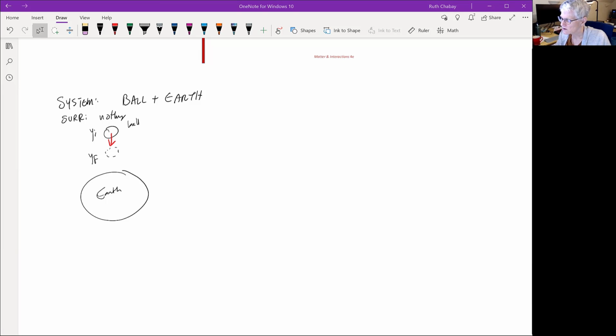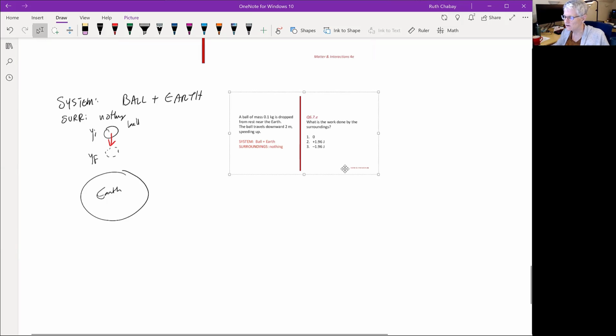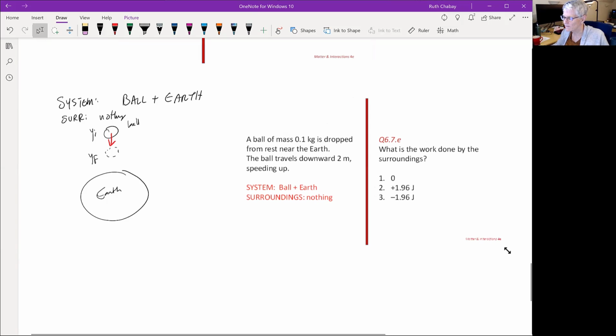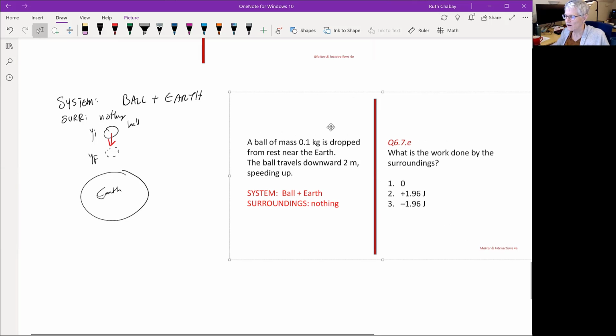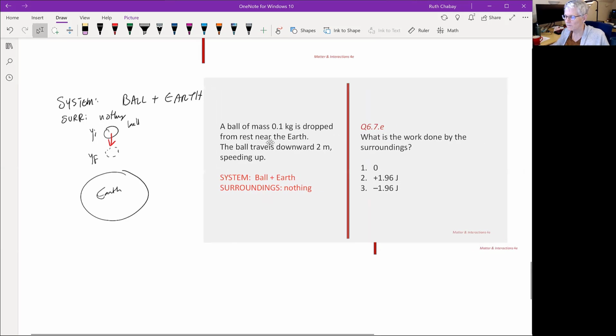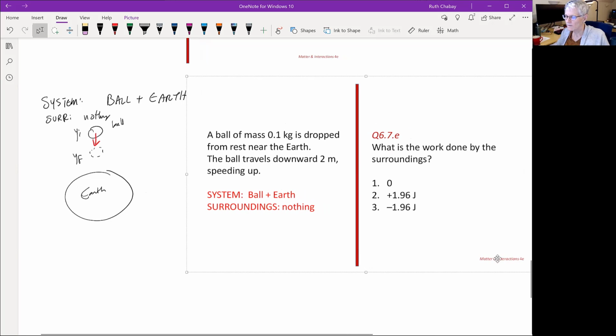Okay, so now I want you to be very careful and take this seriously. Take our choice of system here very seriously. The system is the ball plus the Earth.